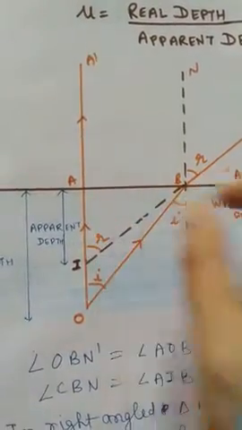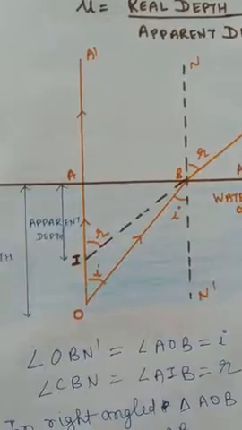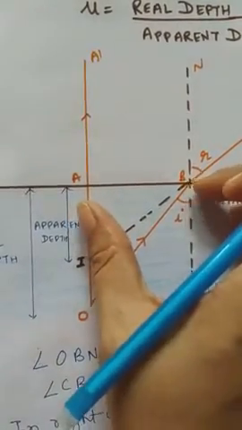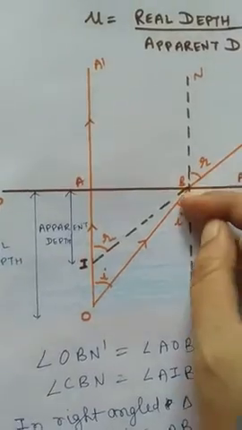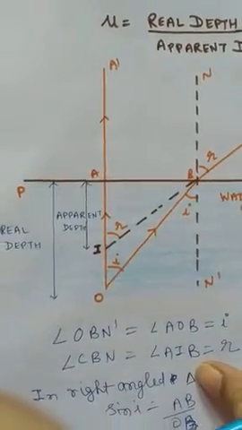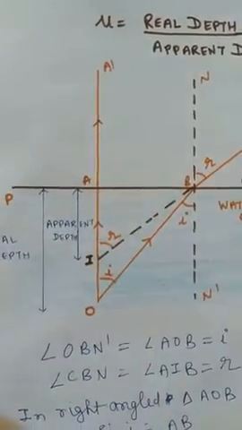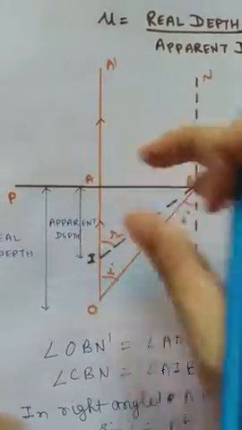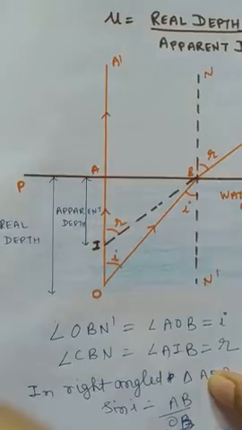The distance is very small, and it is represented at some distance only to understand the ray diagram. So B will look very close to A, and OB will become equal to OA and IB will become equal to IA.